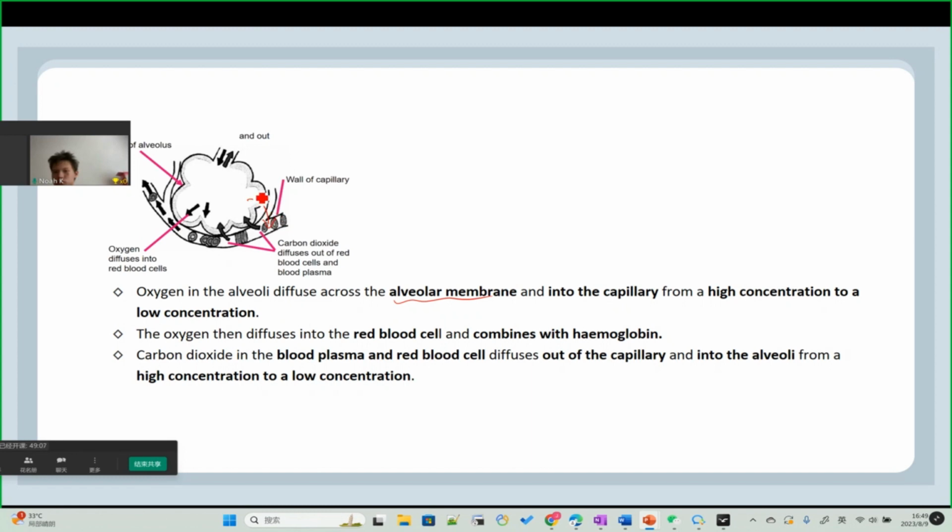And then the oxygen will diffuse into the red blood cell, as we have mentioned before, because red blood cell contain hemoglobin, which will then combine with oxygen and carry oxygen to the rest of our body. And then the carbon dioxide in the blood plasma will diffuse into the alveoli, also down a concentration gradient.